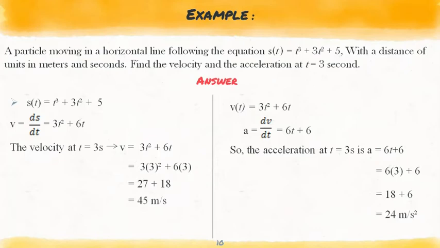So for the acceleration at 3 seconds, we just put it in 6t plus 6. We get 6 times 3 plus 6, equal to 18 plus 6. And then we get the acceleration is 24 meters per second squared.